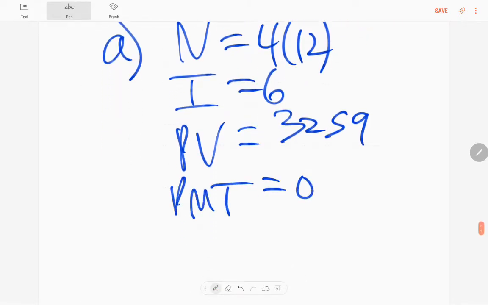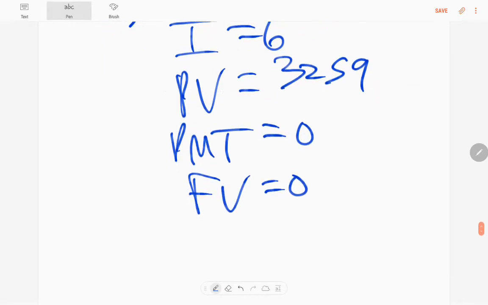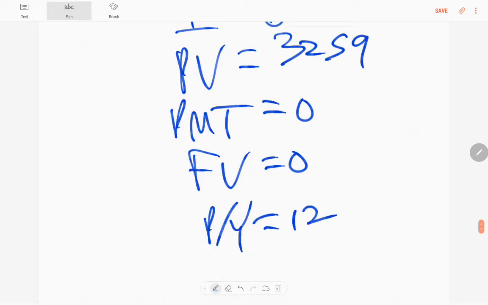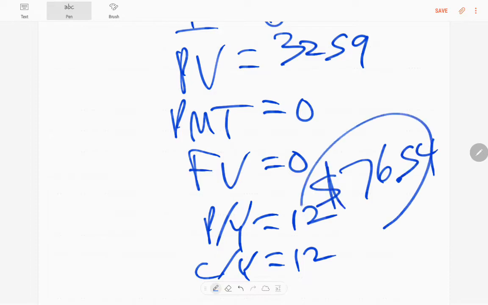The payment is what we're looking for, so put a 0 there. But remember, the future value on a loan problem, 0. And the last two should be 12s, as usual. But I get $76.54 for my monthly payment.